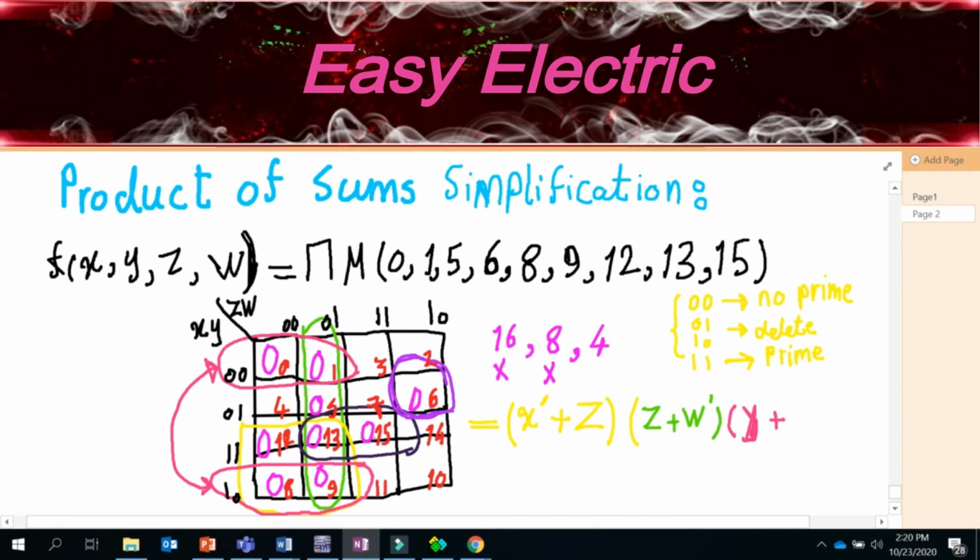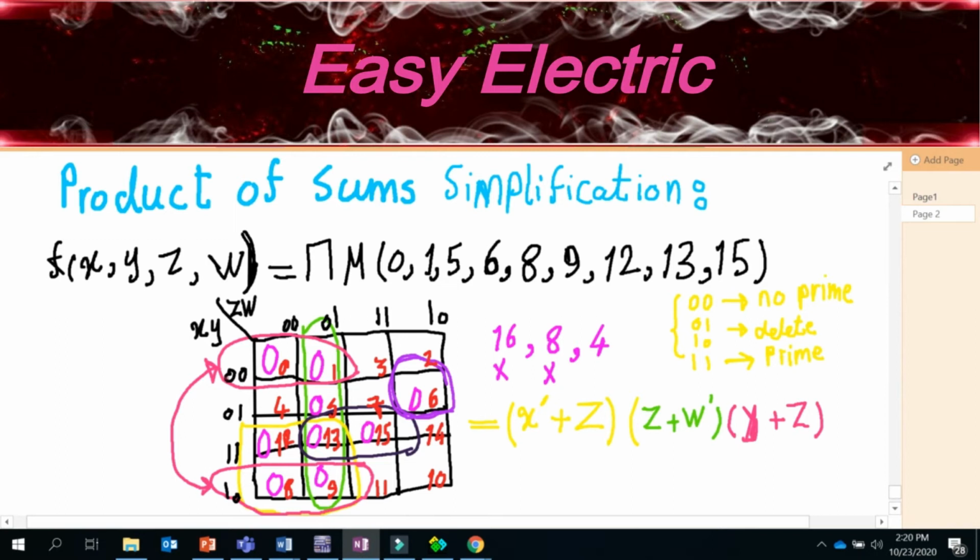Plus, and check the z and w. Z is 0, 0, which should be 0, and w is 0, 1 here, which should be gone. So that means you should have y plus z.